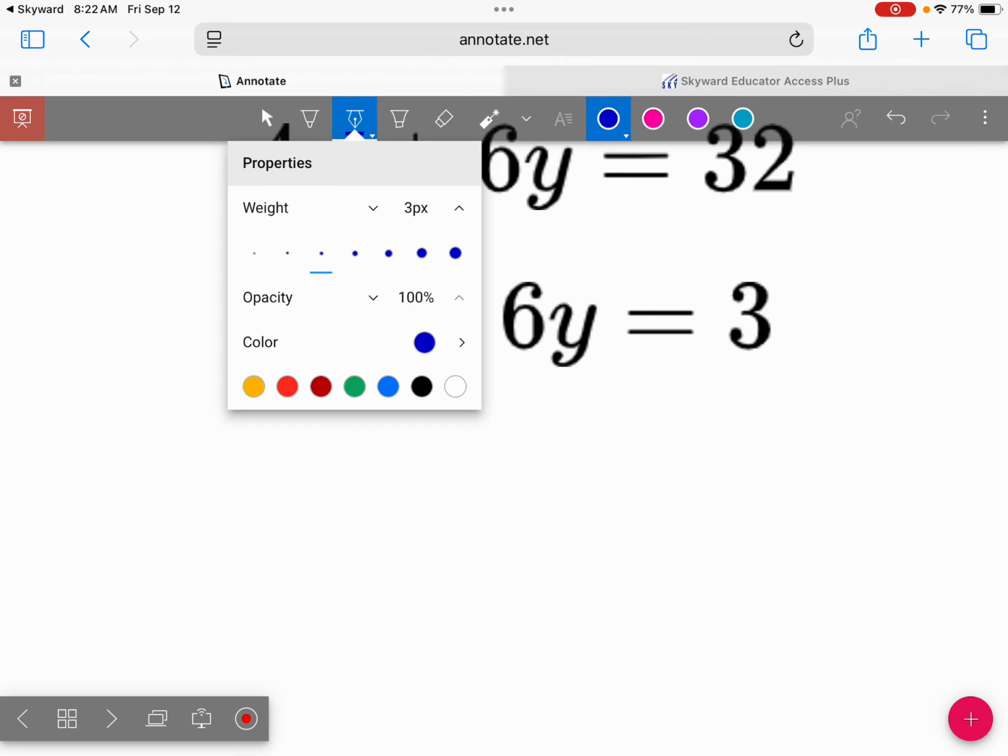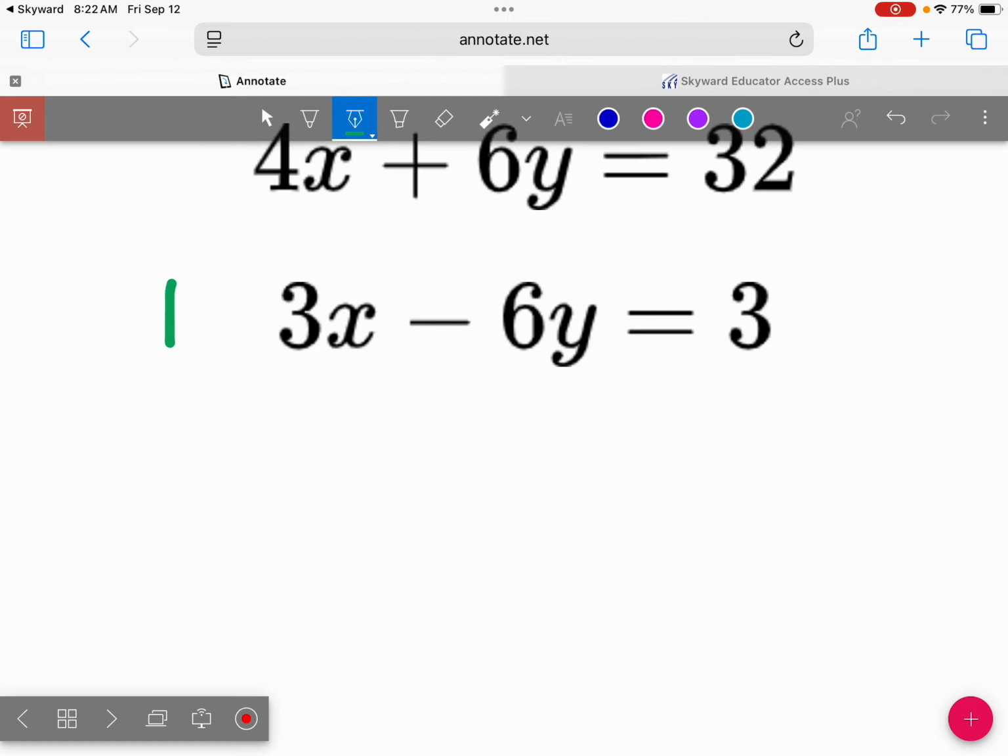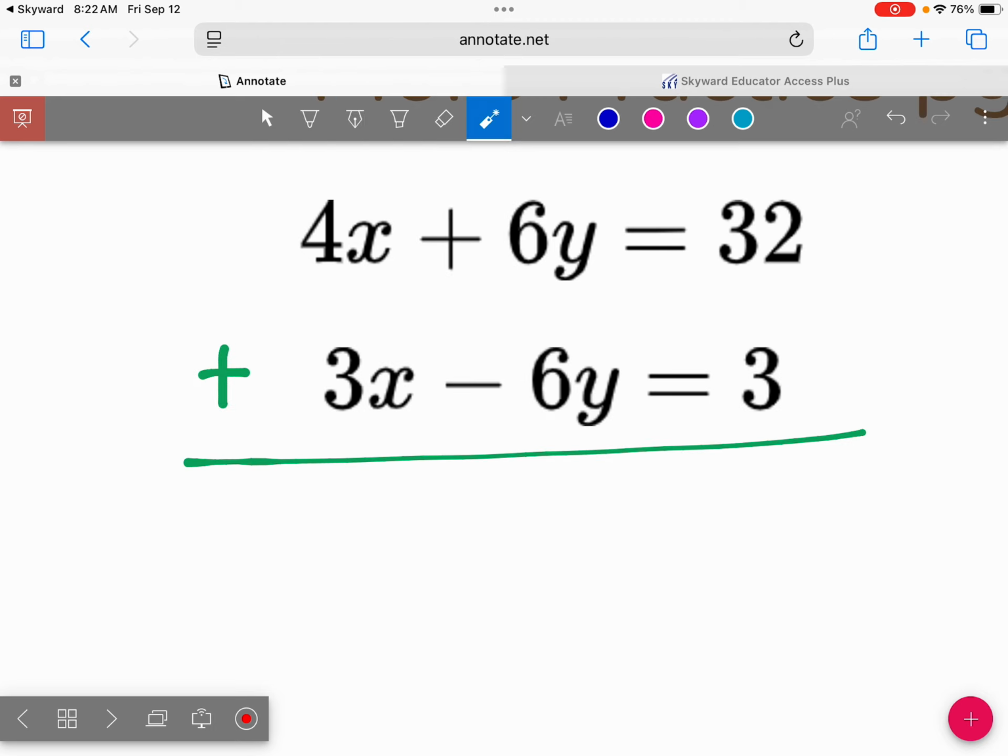So what we're going to do here is we're going to add these together. Old school column style. So then we're going to add these together in our columns. I'm going to add together my 4x and my 3x. What is 4x plus 3x? 7x.